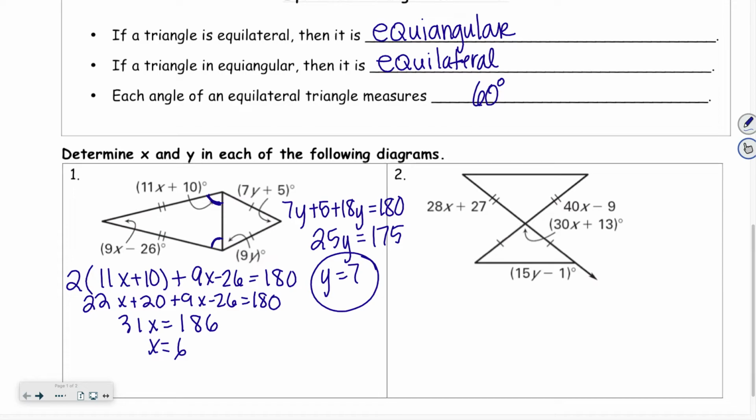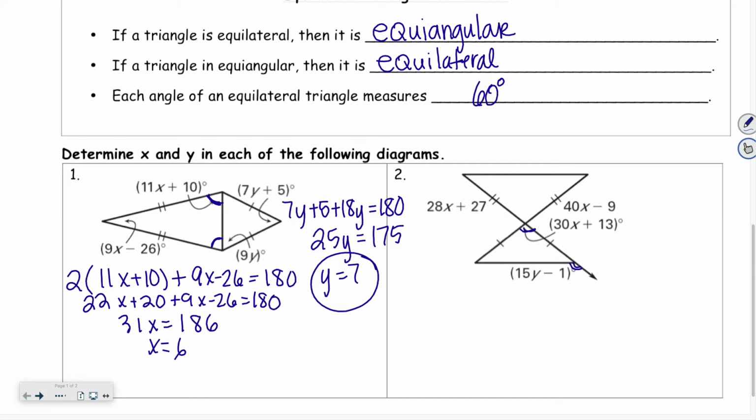Okay, so you're going to try the hourglass one, but let me just make sure we know. 28x plus 27 is this side. 40x minus 9 is this side. 30x plus 13 is this angle right here. And 15y minus 1 is this outside angle right here.